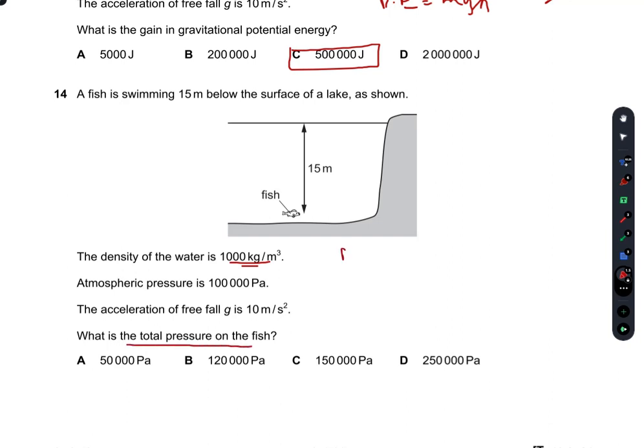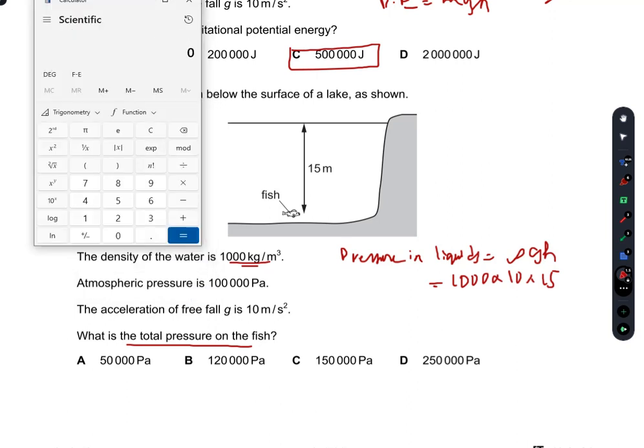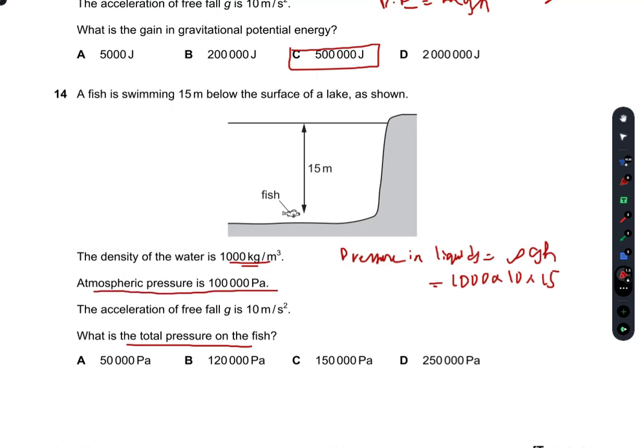So for pressure in liquids, we have the formula rho gh. So 1000 multiplied by 10 multiplied by the height, 15, gives 150,000 pascals, whereas the atmospheric pressure is 1 lakh pascal as well.